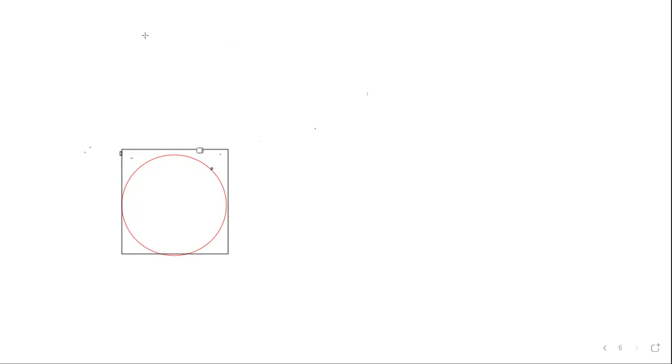Now, we don't know what the diameter is, so we'll have to assume a value. Let the diameter be, don't call it R, we'll call it D for diameter.